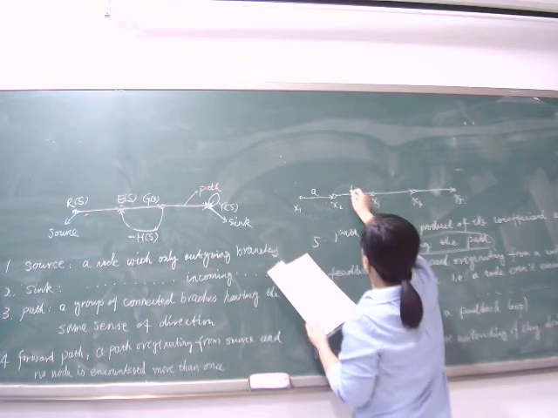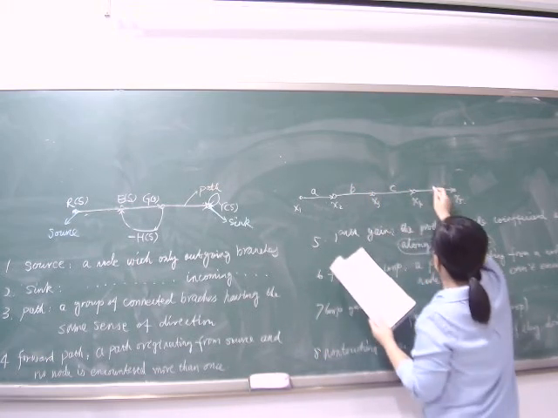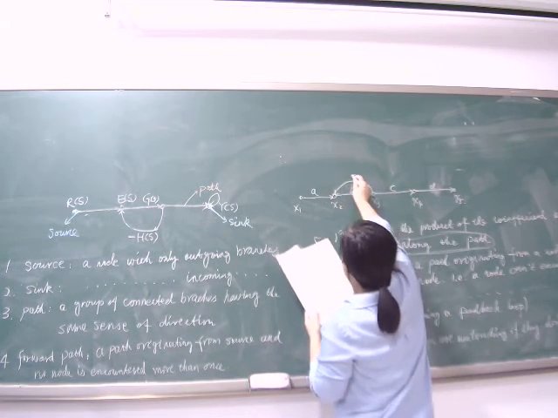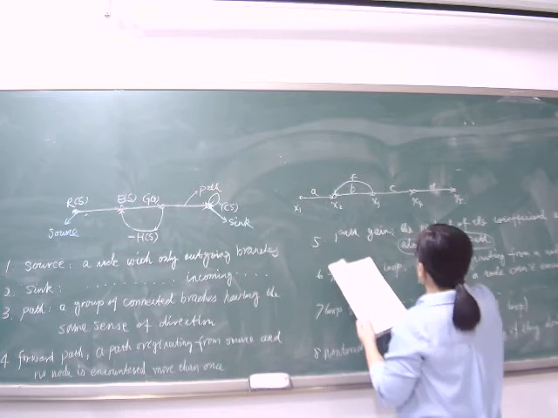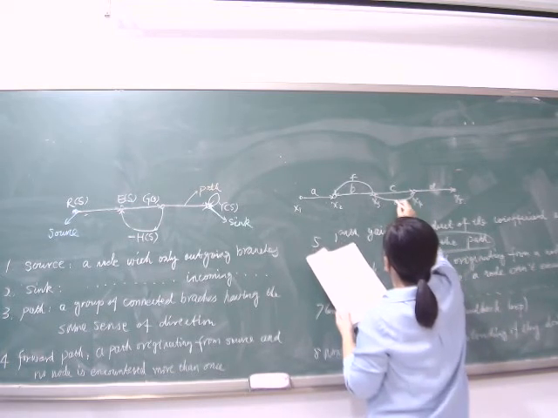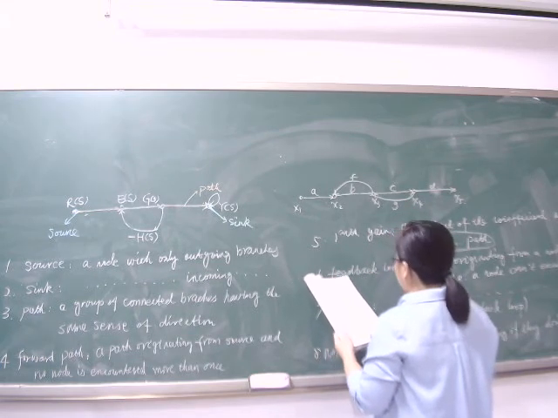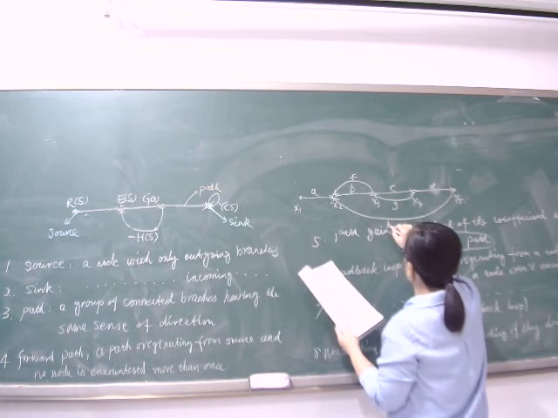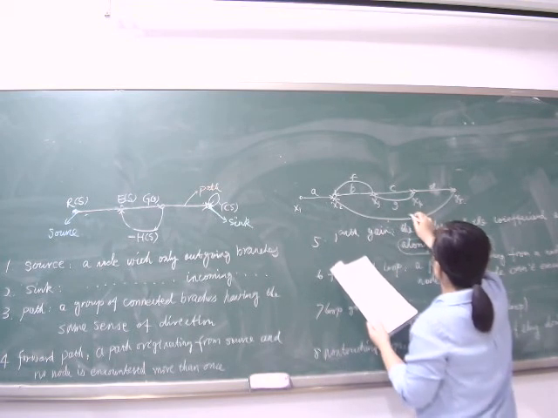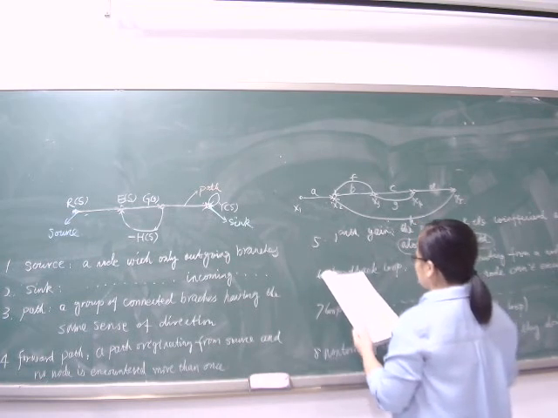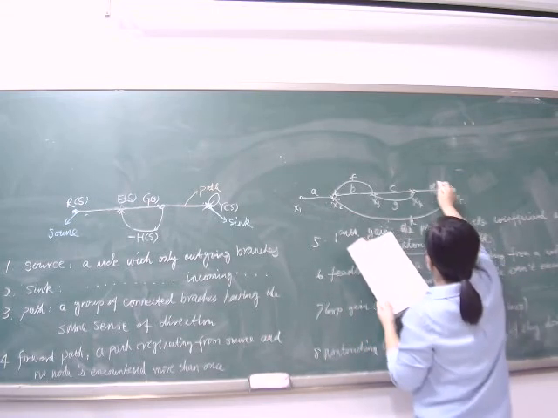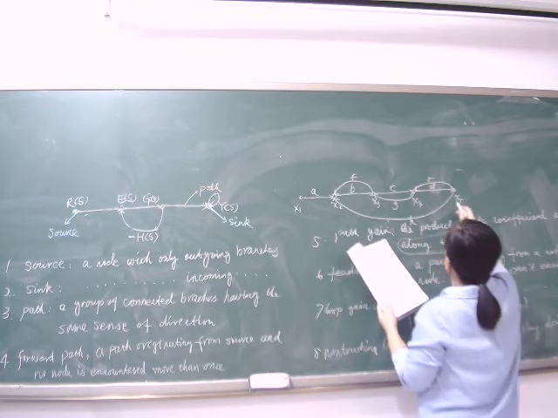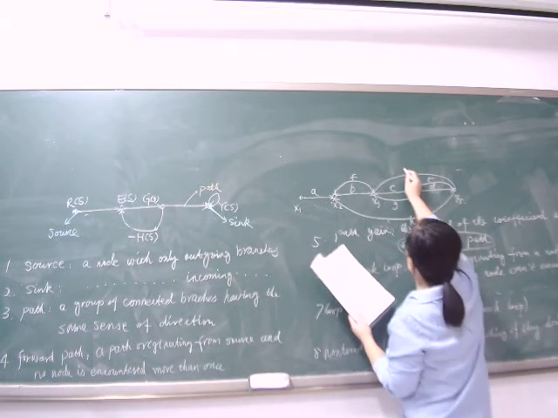A, B, C, D, and this is F, here is G, this is H, and this is D, this is K, and also is E.